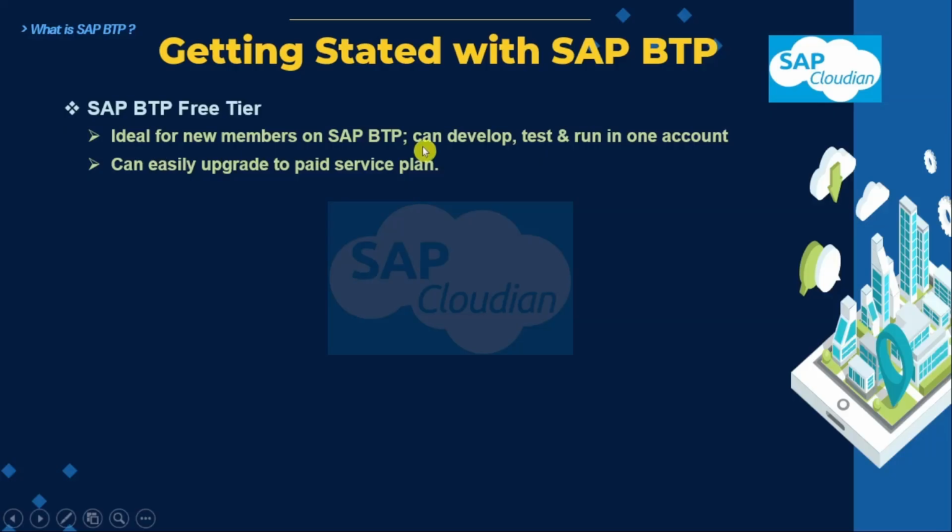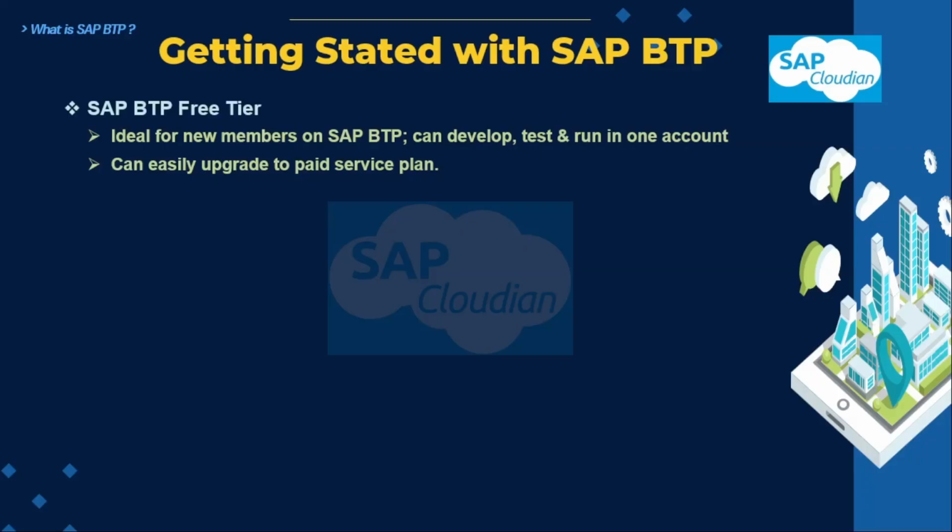Here you can develop, test and run in one account. An important point is you can easily upgrade to the paid service plan and get productive without rebuilding everything from scratch. There are some limitations for each service plan in terms of usage capacity on a monthly basis. Obviously, this is a free service plan, hence there are a few limitations based upon usage capacity.